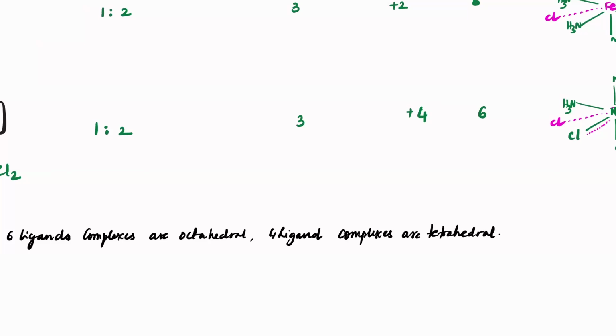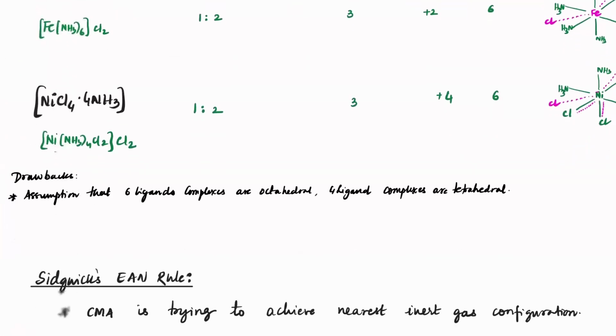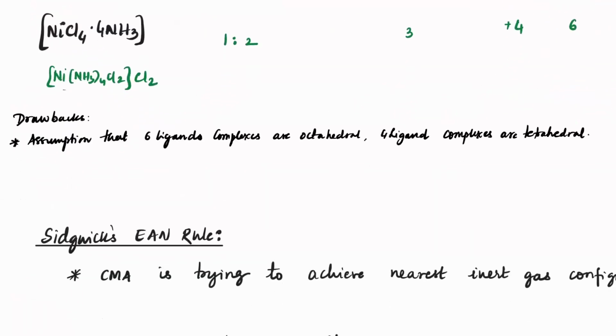Unfortunately, this will not remain correct, because you can always have four ligands which are not tetrahedral, which could be square planar also. They could remain square planar as well. So assuming that is not correct.